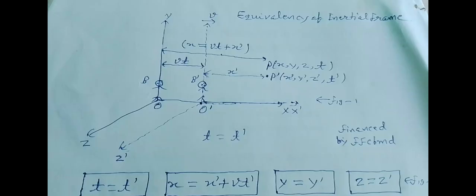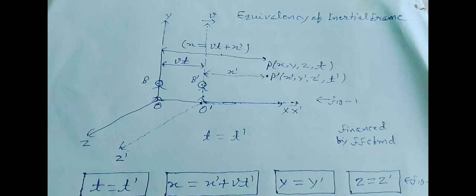We start to calculate the time, and after time t, the B dash frame reaches O dash with a velocity v.